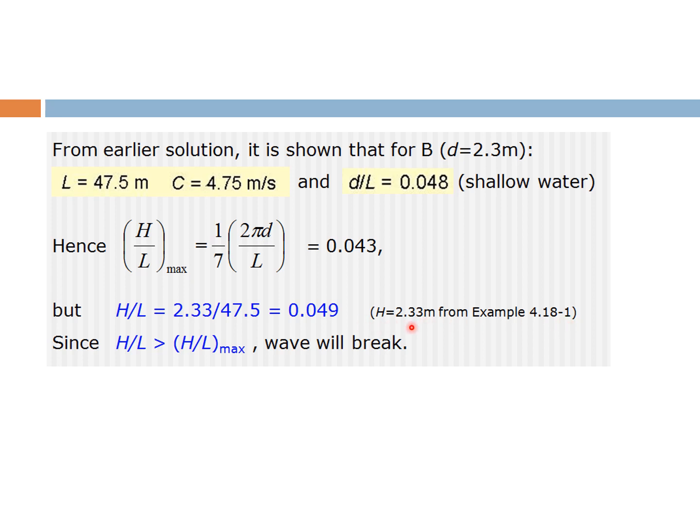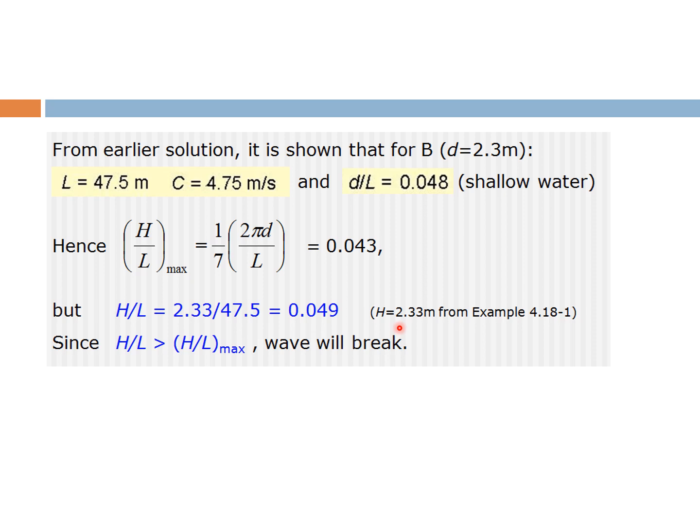If you can't remember the example, let's try to recall here. Why would the wave height change from 2 meter to 2.33 meter? Well, in this case, it may be due to refraction, because the question says that the incoming wave is oriented at an angle with the shoreline.